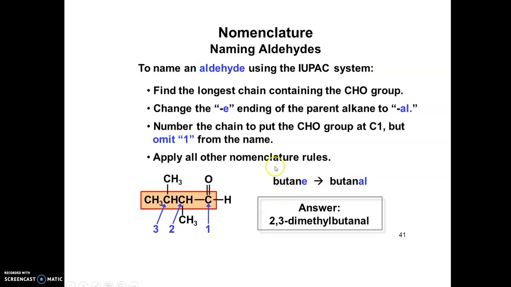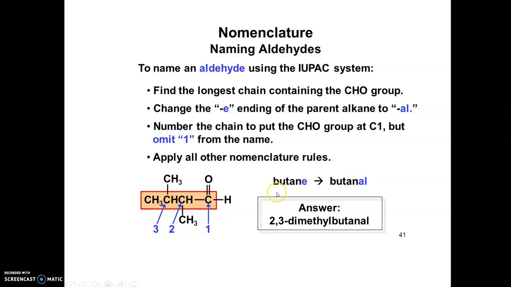Then we replace the E from the parent alkane with Al, and the name will be butanal, and the numbering is given to the chain so that the functional group gets the least number, and we apply all other nomenclature rules according to the IUPAC system. So here we have 1, 2, 3, 4.